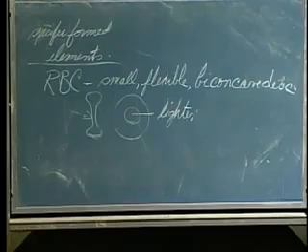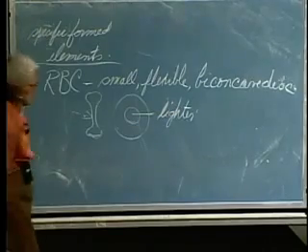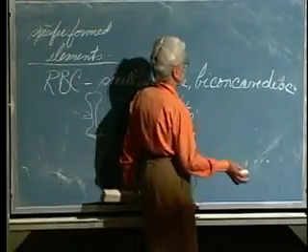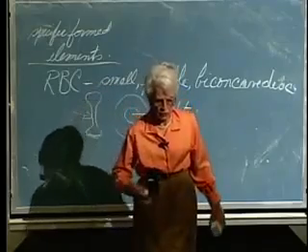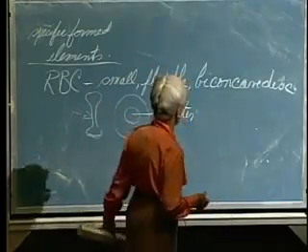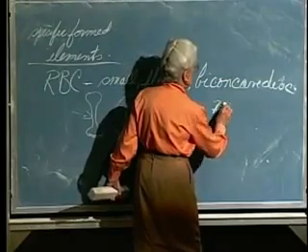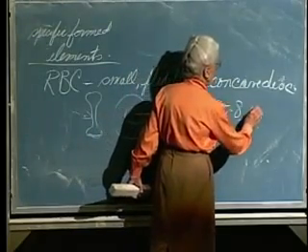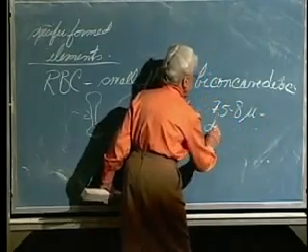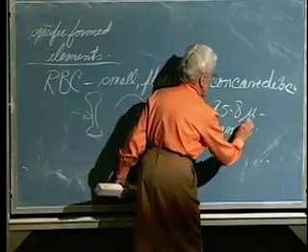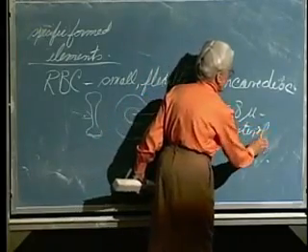But that's normal. So the size of an RBC, you see different things in the literature today. There's so many books that are just saying sort of what they want to say, but it's roughly 7.5 to 8 micra, the diameter of the RBC.